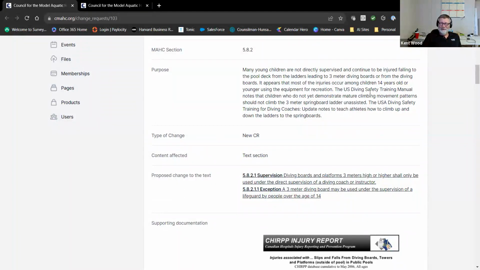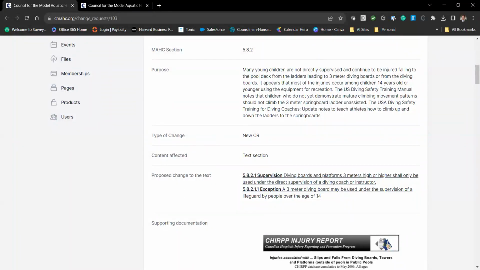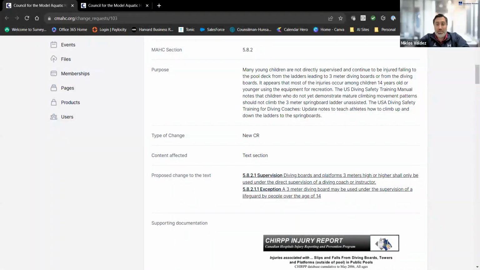Right now in section 582, diving boards and platforms for operations and maintenance, it's listed as NA. We don't have anything in it. And maybe we should. But I'm seeing in my mind it's already addressed somewhere. I should have this section memorized, when our lifeguards are required, but I don't.